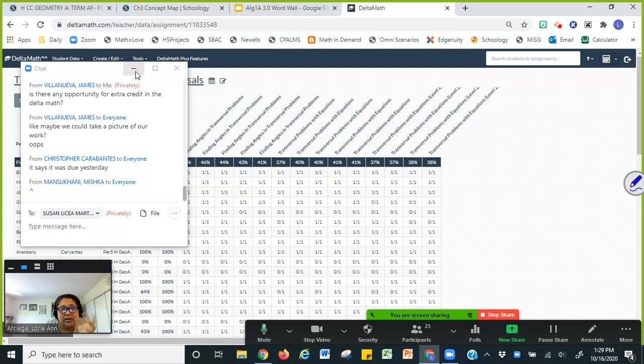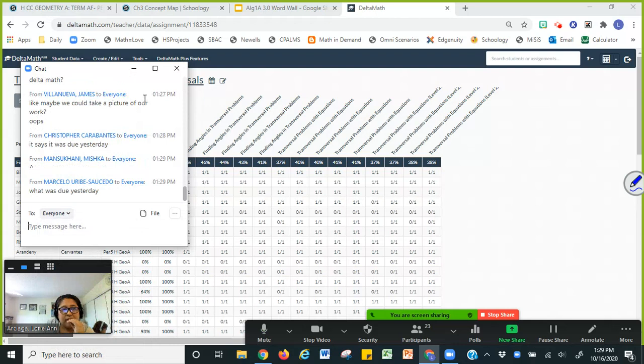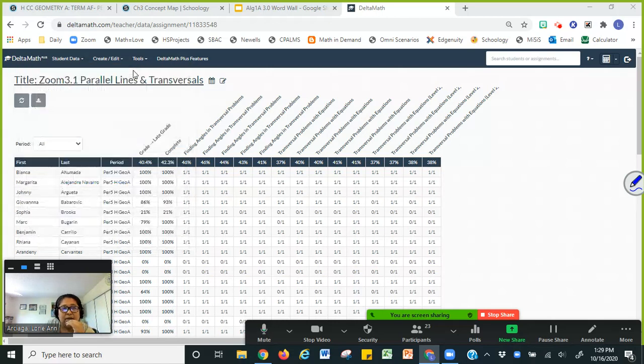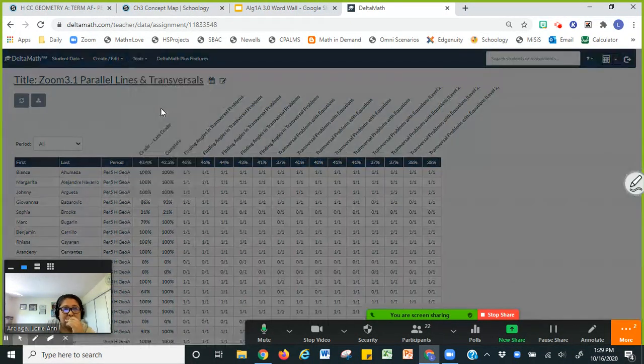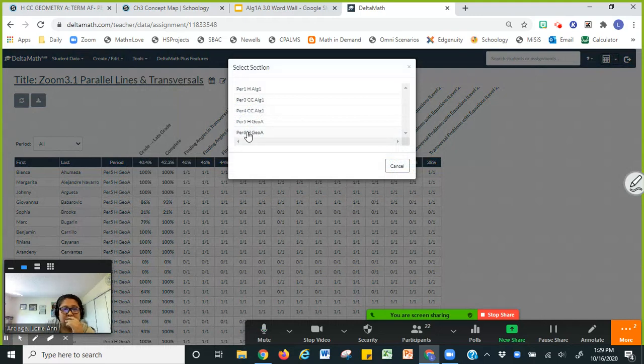It's not for a grade, but I want us to be able to solve the problem at the same time. So can you open it or no? Okay, good. So let me see. Open that one. Tools. I want to be able to present this as a student so we're all on the same page. Period 6.